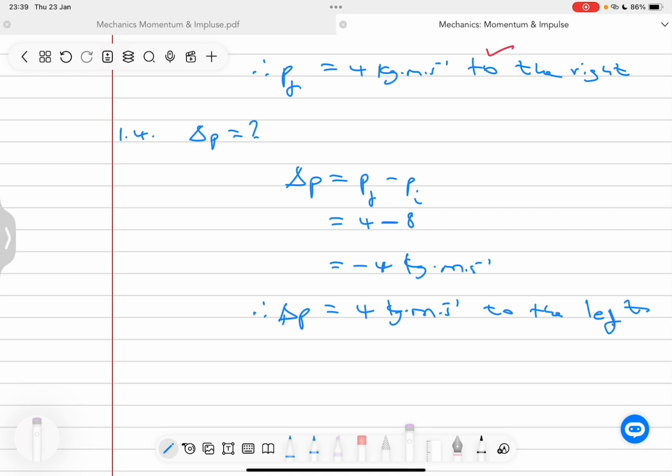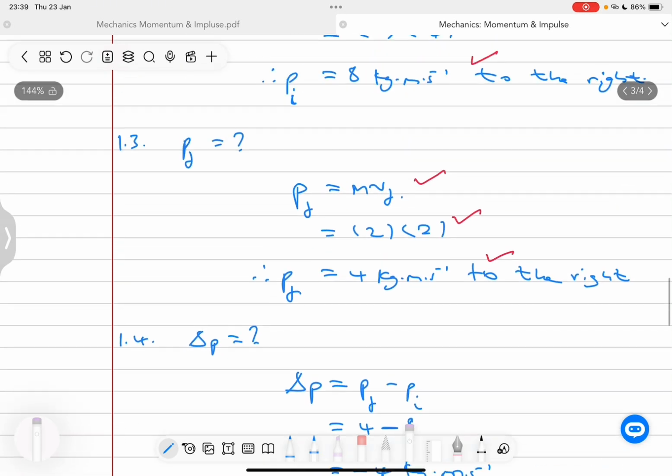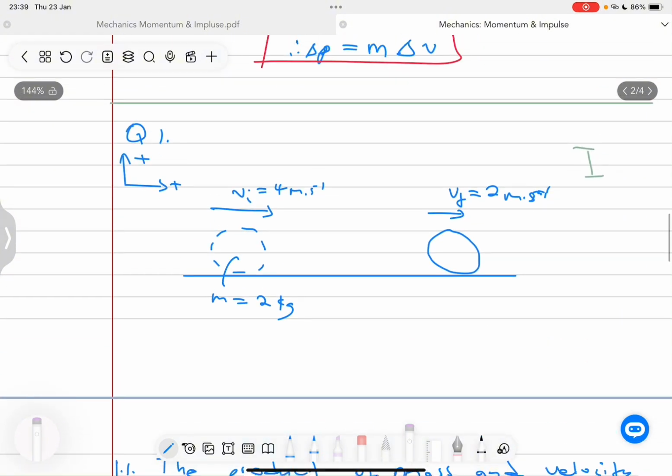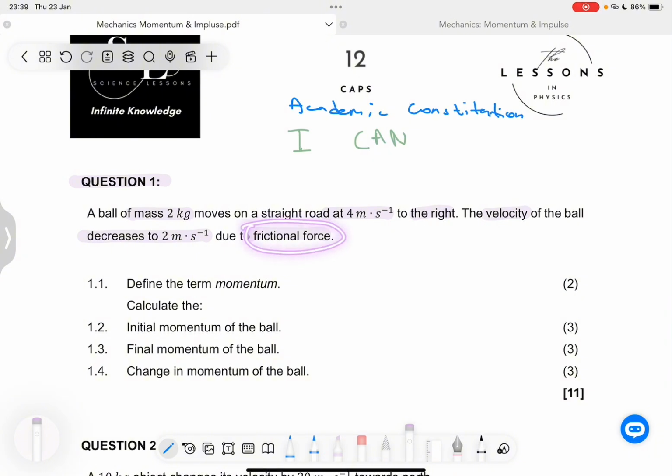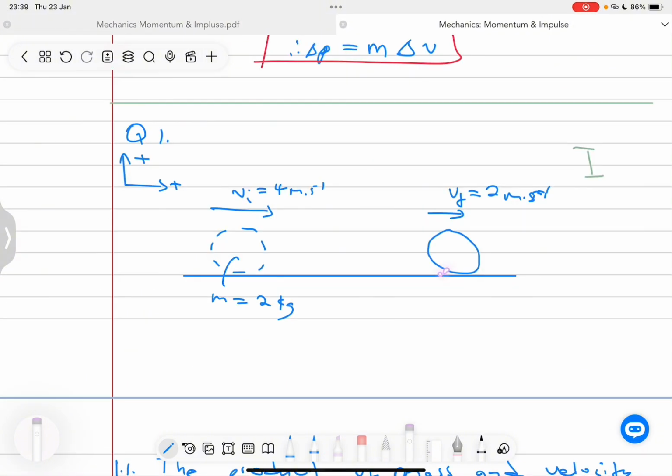But does it make sense to say the change in momentum is actually going to the left? Well, it does, because if you check this problem, we can see that the object is actually slowing down. We start off moving fast and we decrease our velocity because they said here that there is a frictional force.